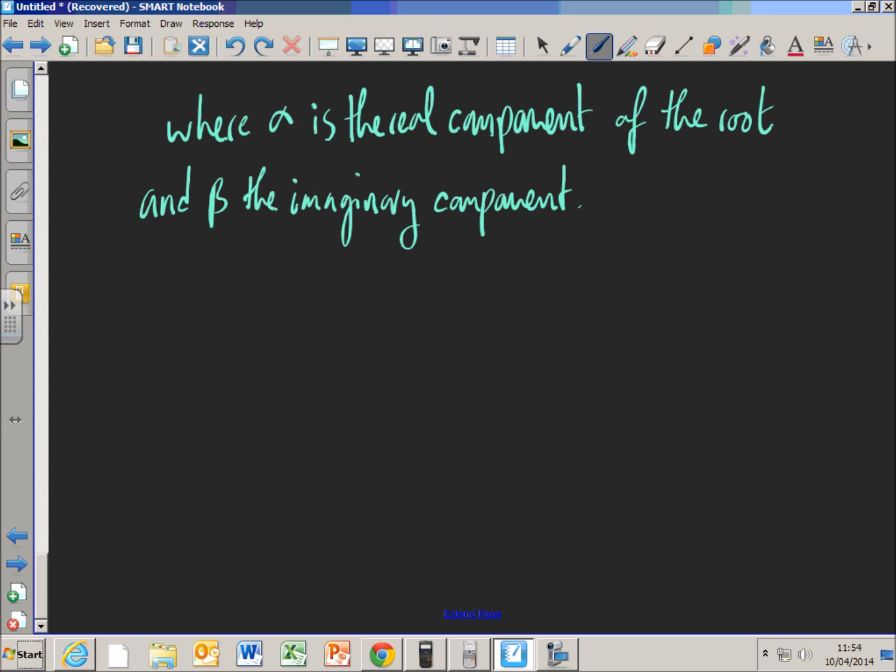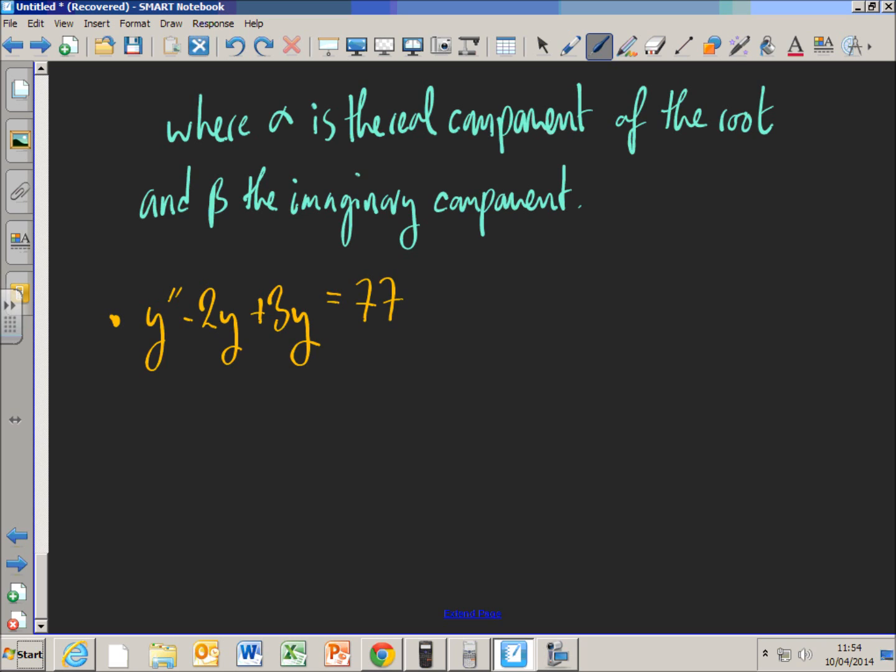Okay, so we've got the complementary function. Now we've got to have a go at finding the particular integral. So the question was y double dash minus 2y dash plus 3y equals, it was 77 we changed it to, wasn't it?